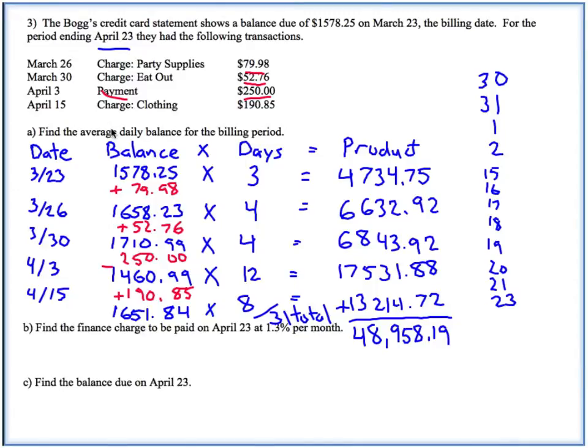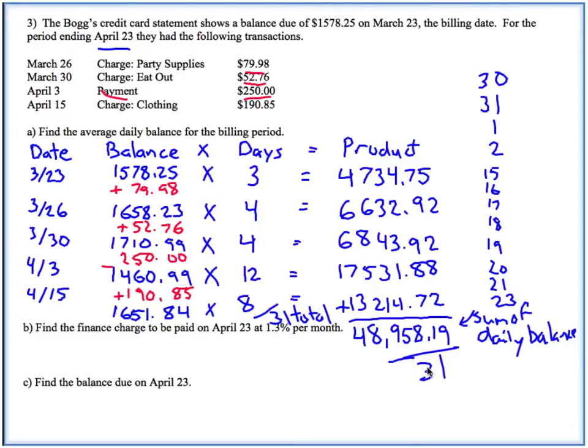Now, if we want to find the average daily balance, this is the sum of all the daily balances. So to find an average, we take the sum and divide it by how many days there were, because we want an average daily balance.